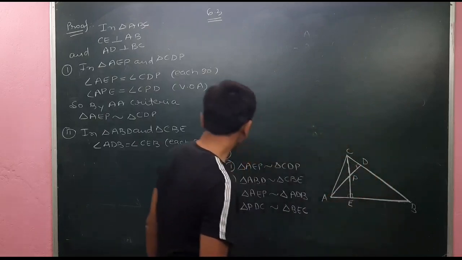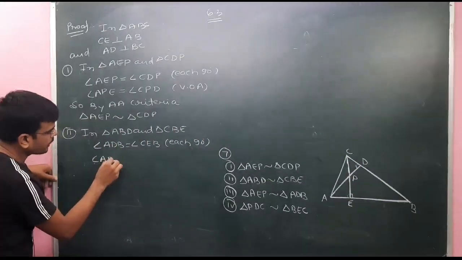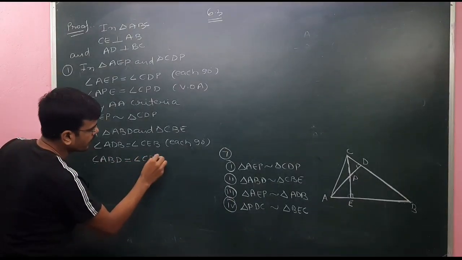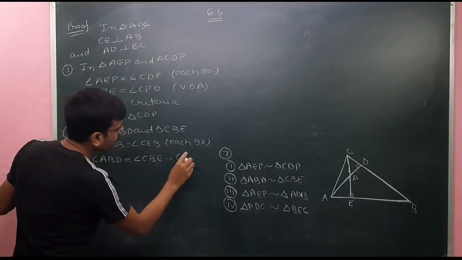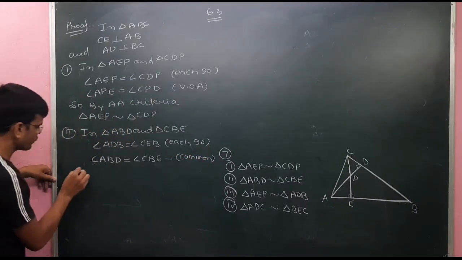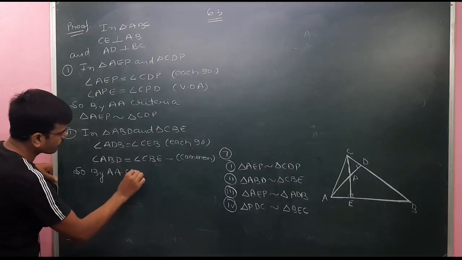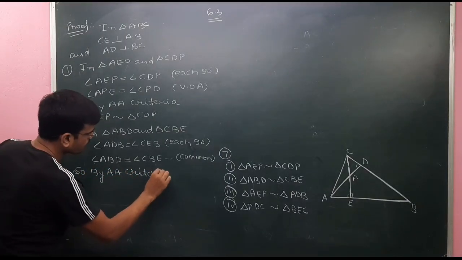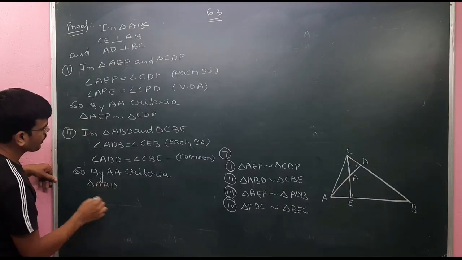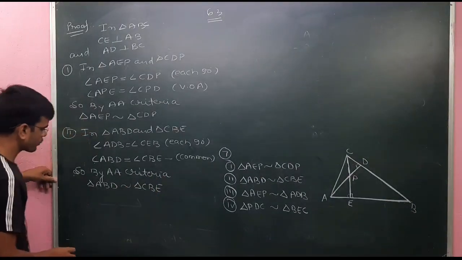So angle ABD is equal to angle CBE. This is the common angle. So by the angle criteria, triangle ABD is similar to triangle CBE.